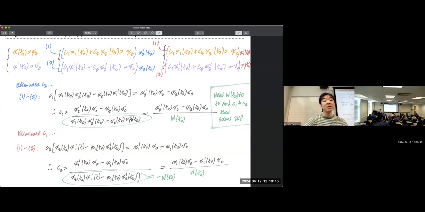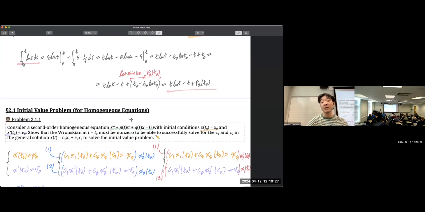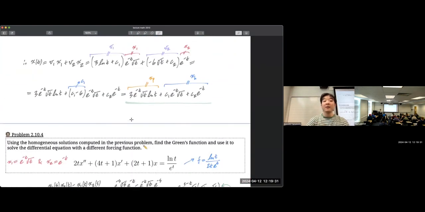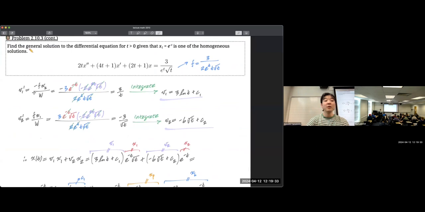You really need to make sure your x1 and x2 are different enough, and they also have to satisfy the homogeneous equation. And different has to mean that they're linearly independent. And we also saw before that when we were trying to find v1 prime and v2 prime using variation of parameters, the Wronskian showed up as the denominator.